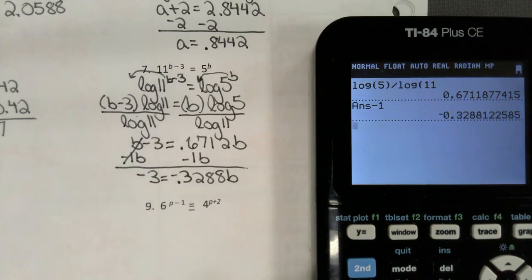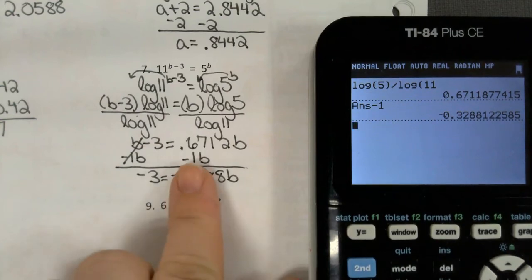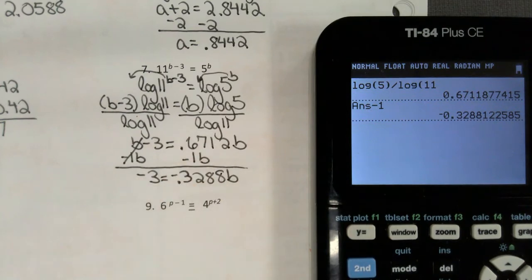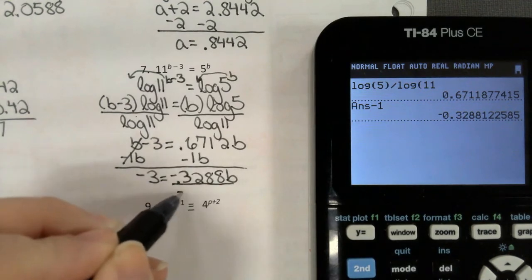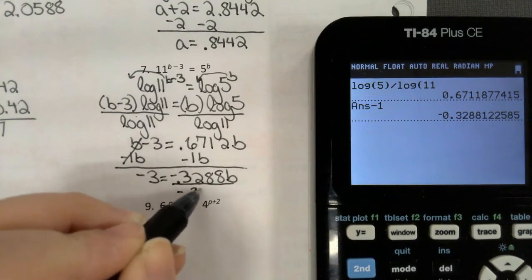Then I would need to divide both sides. Again, you can make it into an easier problem to decide what you would need to do. If this was negative 3 equals 8b, you would know you had to divide by 8 on both sides. So we're just going to divide by the decimal on both sides. We don't change our process just because the decimal is there.